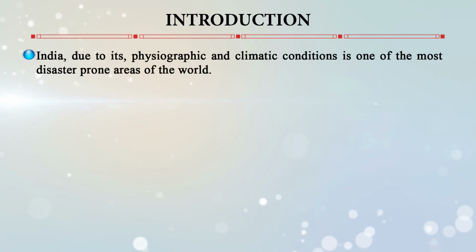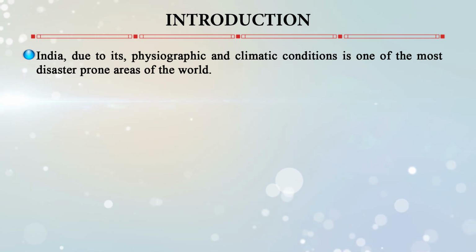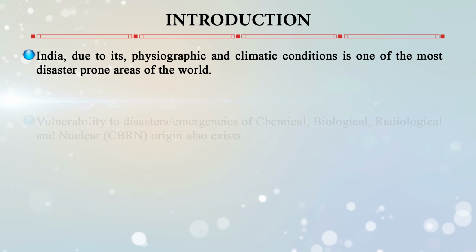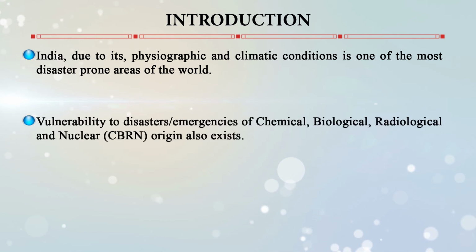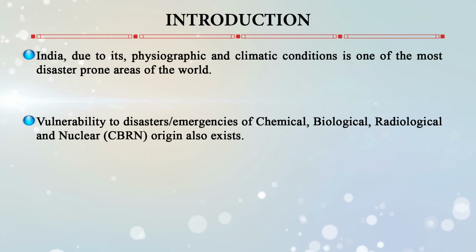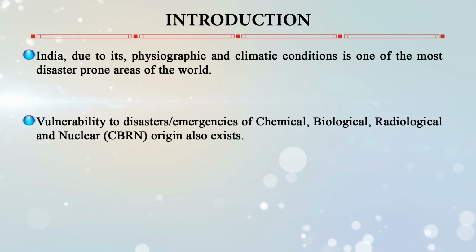India, due to its physiographic and climatic conditions, is one of the most disaster prone areas of the world. Vulnerability to disasters includes emergencies of the CBRN type, that is chemical, biological, radiological and nuclear. The origins of all these disasters exist.